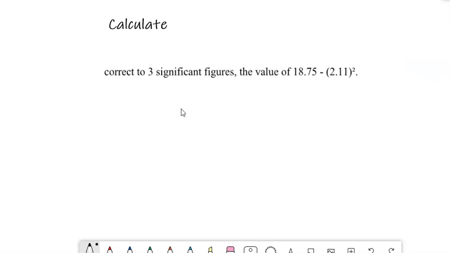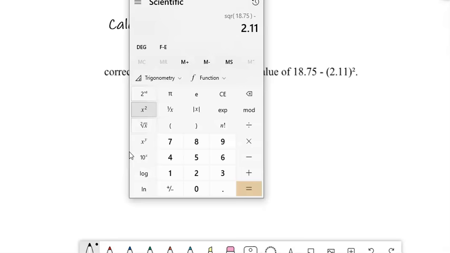Here we are calculating correct to three significant figures, the value of 18.75 minus, in brackets, 2.11 all squared. So it's 18.75 minus 2.11 in bracket squared.